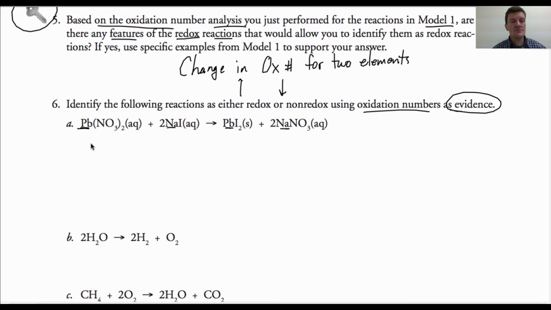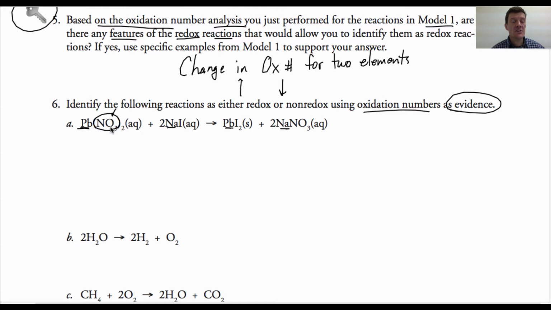I'm going to assign each one here, and it may get a little complicated because you're looking at this and saying, well, I know oxygen, but I don't know two of these in this compound. In this case, we're going to use the nitrate ion charge to help us find the lead.